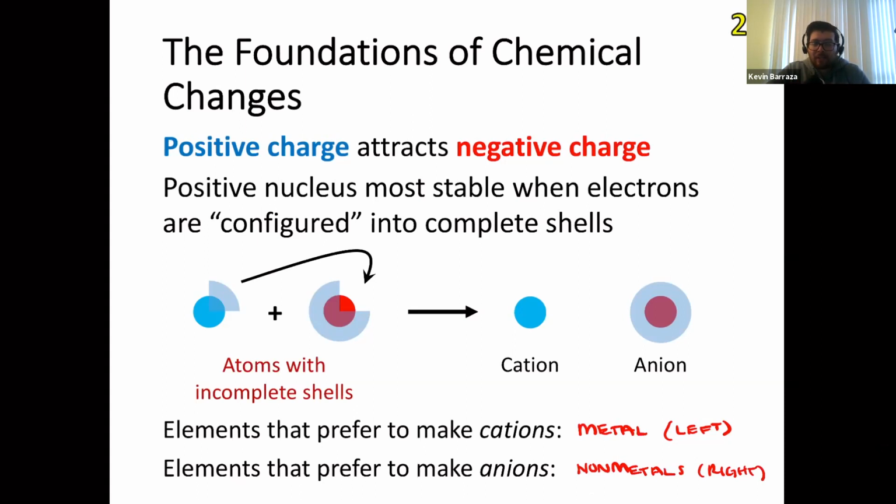They like to make the -1 ions. So what it tells us is that we're going to make compounds out of an element on the left-hand side matching up with an element on the right-hand side, because then we'll have a pair where one element would like to give away its electrons and another element would like to take those electrons.